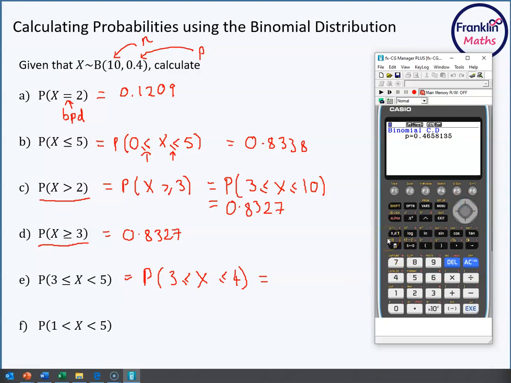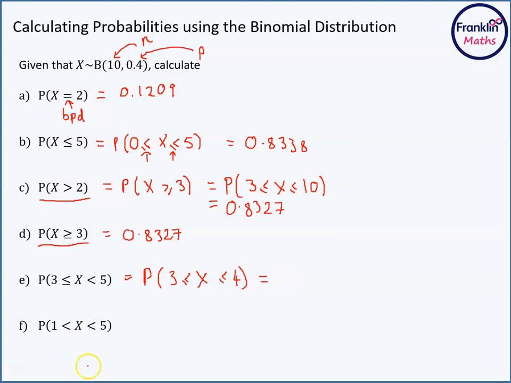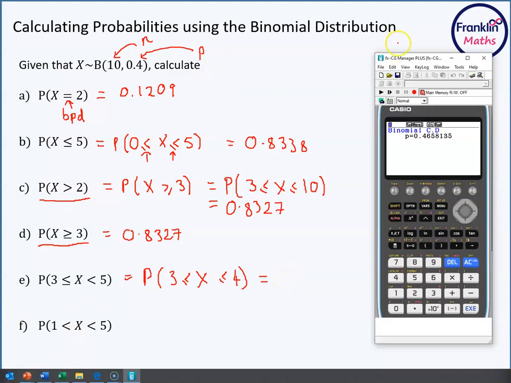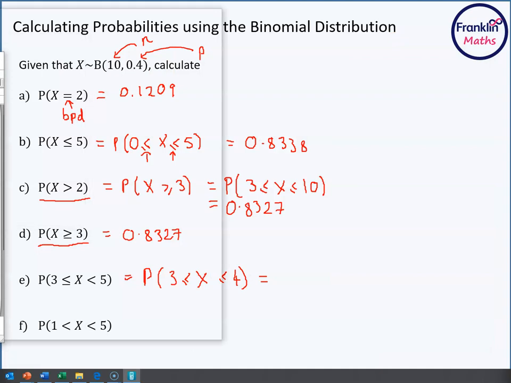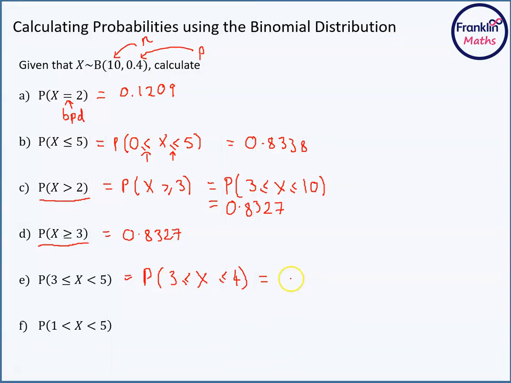So the chance of me winning 3 or 4 matches was 0.4658.